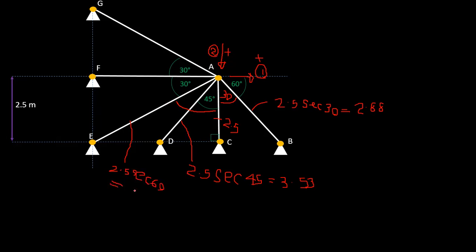So that means this is 5, and this is equal to this length because these angles are equal.